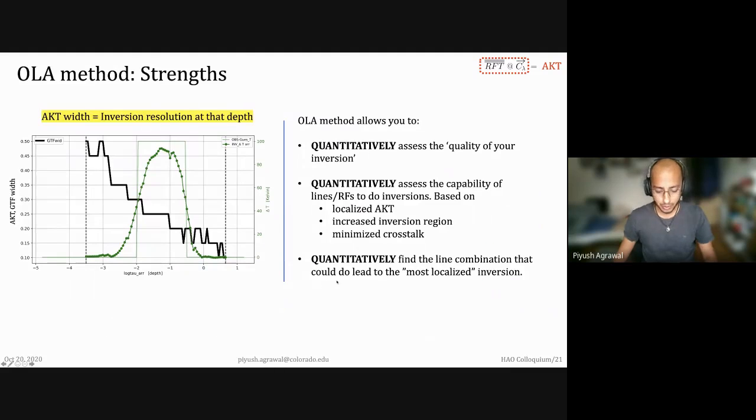Okay, there are some really important strengths of the OLA method. This plot is taken from the last slide. On top of that, what I've plotted here is this black curve, which corresponds to the width of the averaging kernel that you have constructed. It tells you that in the deeper regions, the width of the averaging kernel is super small.